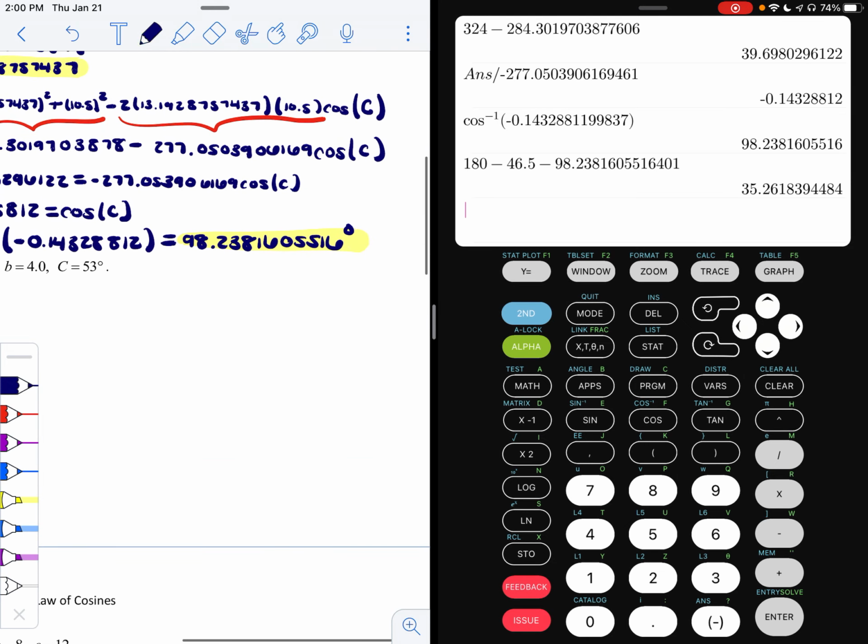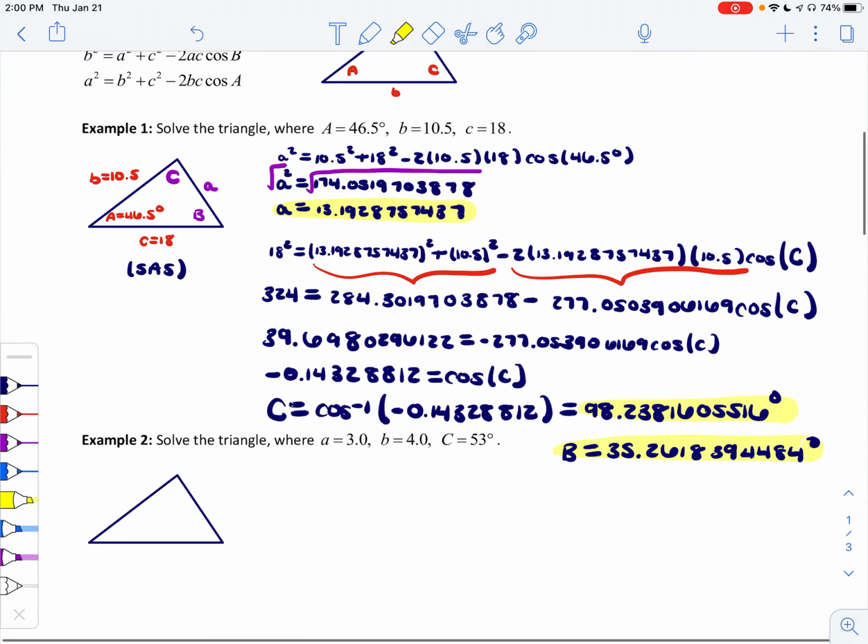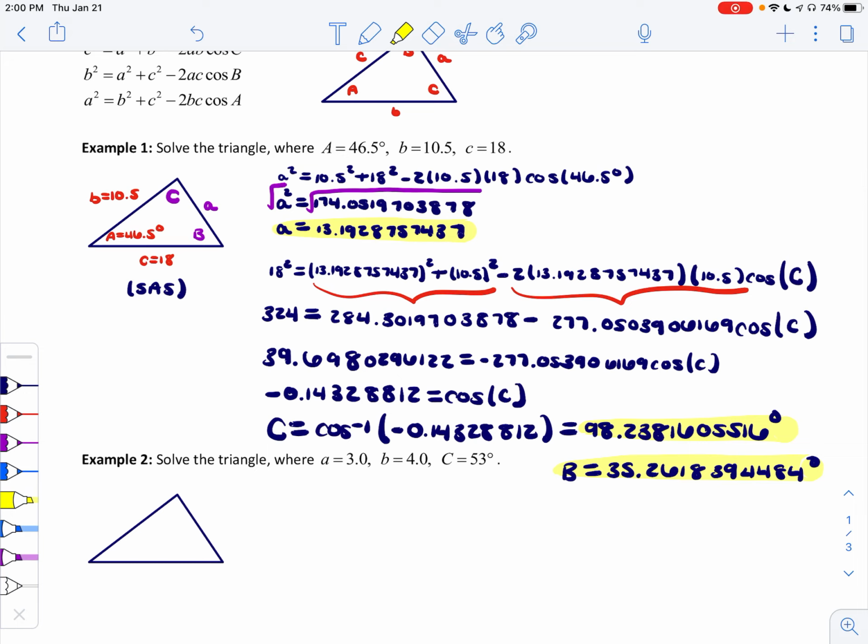So our angle B is equal to 35.2618394484 degrees. That is our final answer.